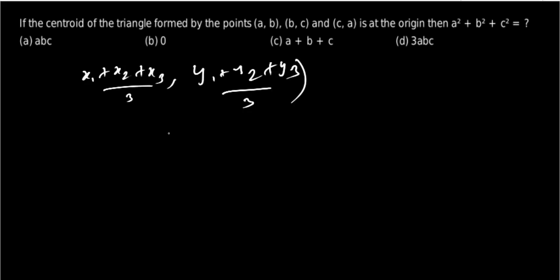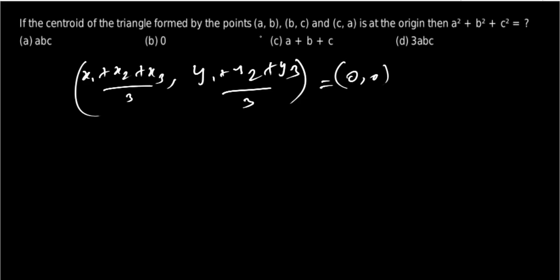The centroid formed by these coordinate points is at the origin, so we can equalize this to (0, 0). Then what is the value of a cube plus b cube plus c cube?